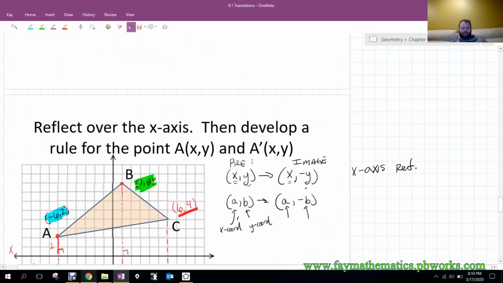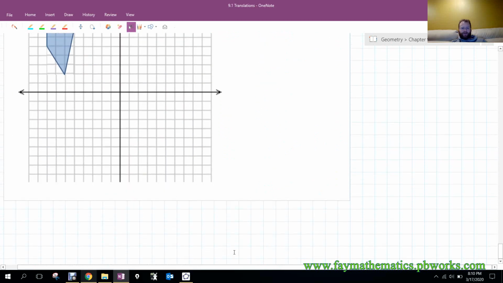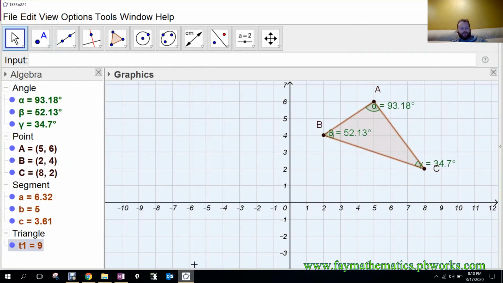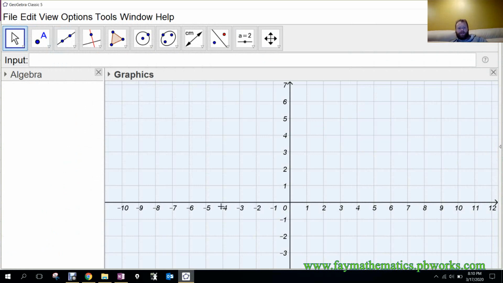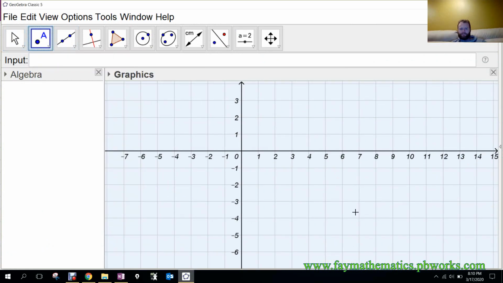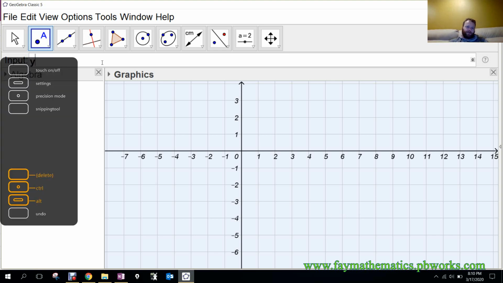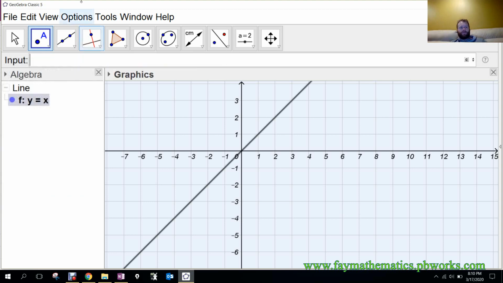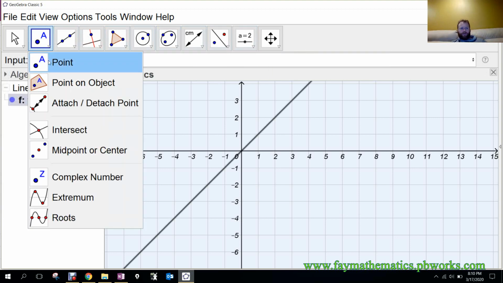There are some other lines that we reflect over. I'll demonstrate this here in GeoGebra, and I'll just do it with 1 point. I'm going to put the line y equals x in here and throw a point up.